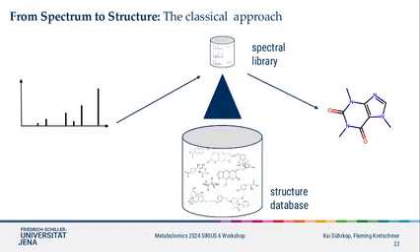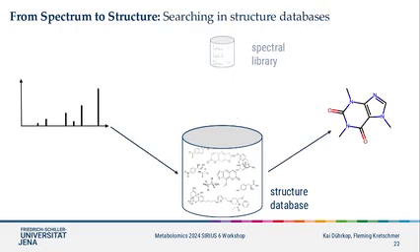The alternative would be to use structure databases instead, like PubChem, COCONUT, HMDB, which are usually much, much larger than the spectral libraries. So the idea in the tool CSI:FingerID, which is part of the SIRIUS suite, is basically to search in a structure database instead of a spectral library.